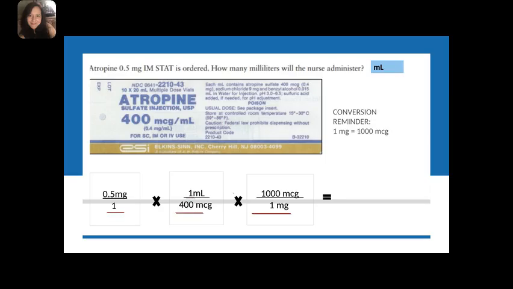So we have 500 over 400. And if you did the division, where we divide the denominator into the numerator, we get an answer of 1.25. And we have mils, so that is the answer.